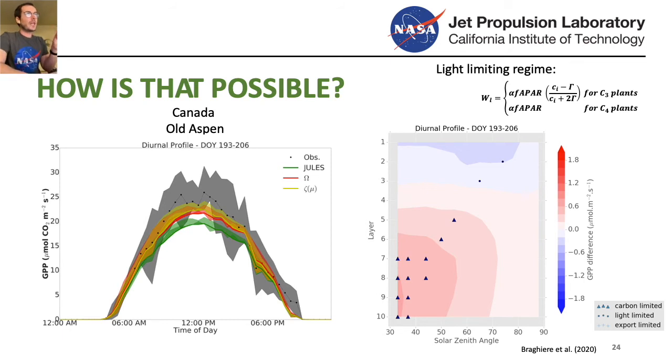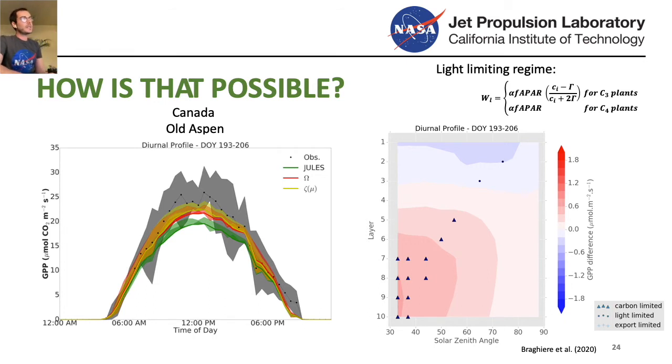And so if we increase or decrease FAPAR, we would expect that GPP would respond exactly in the same direction if this site was in the light limiting regime. So the case of Tom's Ranch was that the site was not in the light limiting regime of photosynthesis. So that's why it doesn't matter the direction of change in FAPAR. It's not going to affect total photosynthesis.